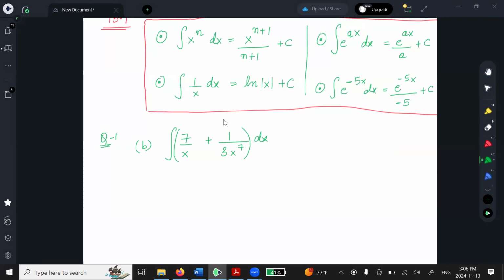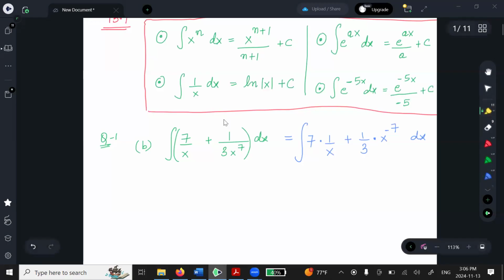You see I have 1 over x here. First thing you do is try to simplify. So how can I write this integral? I'm not applying any formulas from above. I'm just rewriting it. I'm separating the constants from the x terms. You see what I did?